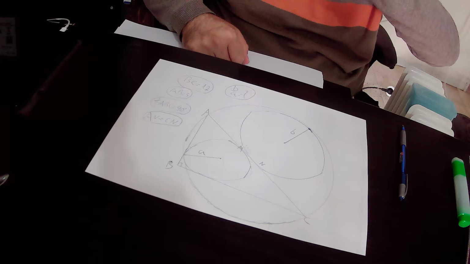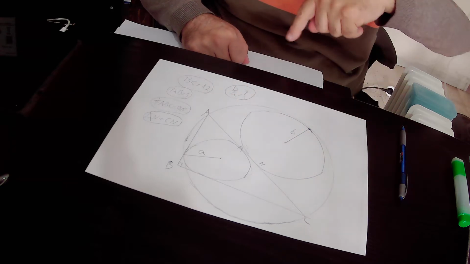Okay, so first of all, we implement the Pythagoras theorem on the right triangle ABC.